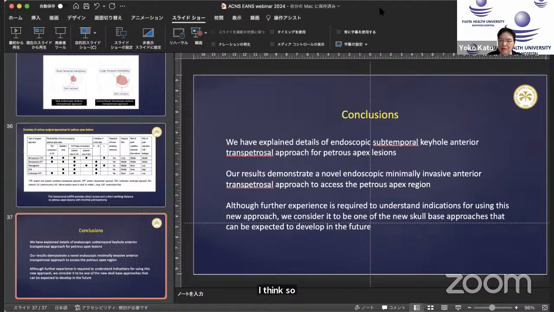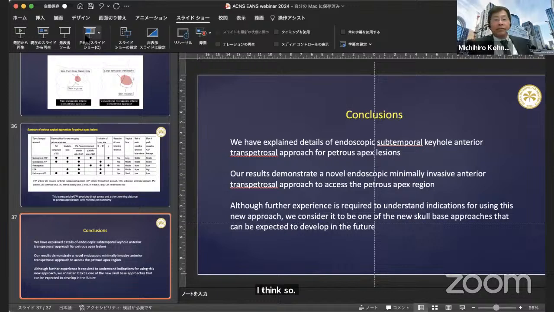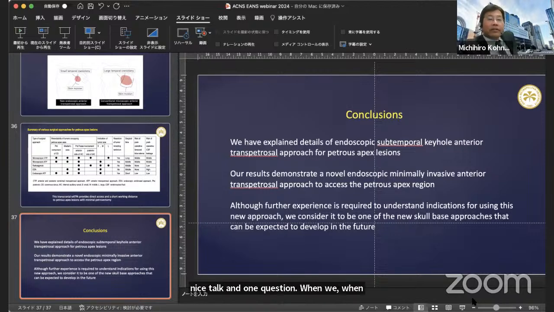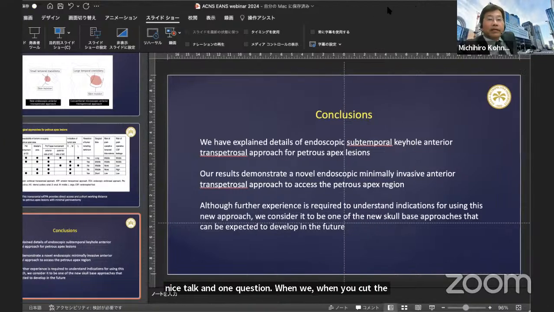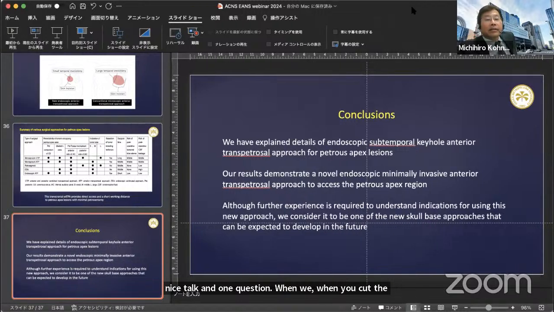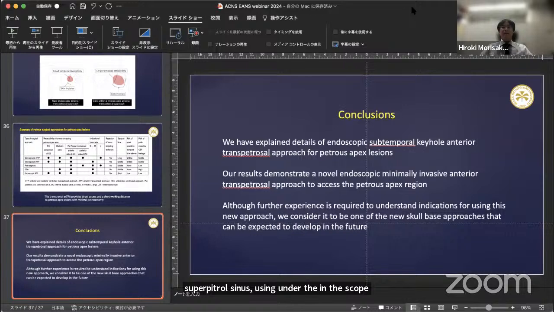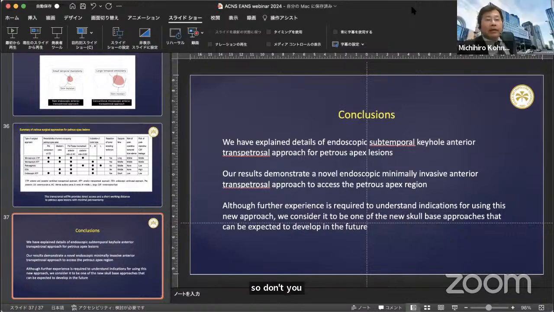Maybe Kohno sensei, any comment? Yes, so I enjoyed your talk. Nice talk. And one question: when you cut the superior petrosal sinus using the endoscope, don't you ligate the SPS before cutting it?